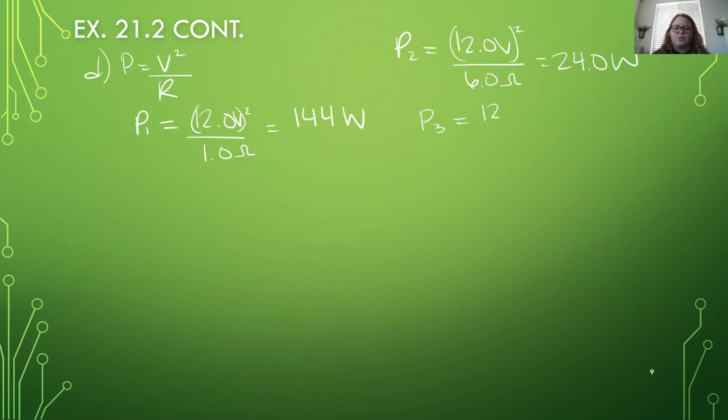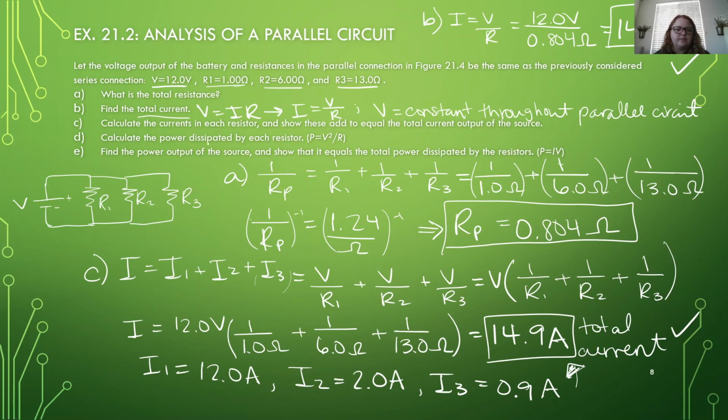P3, again 12 volts squared divided by 13 ohms, and I get 11.1 watts approximately. Okay, so let me go back here. So that is by each resistor. Okay, so I found that.